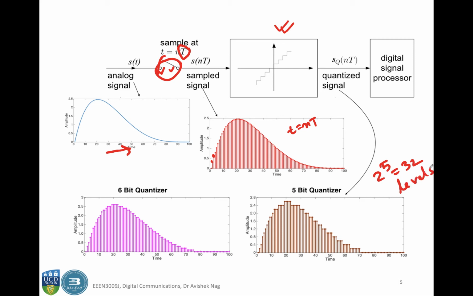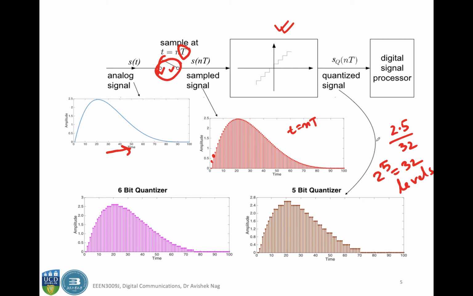If you now choose the entire range of the signals, which is, let's say, between 0 to 2.5 volts, then 0 to 2.5 volts is divided into 32 levels. So basically 2.5 divided by 32, whatever be that value, those are the finite increments of the signal.